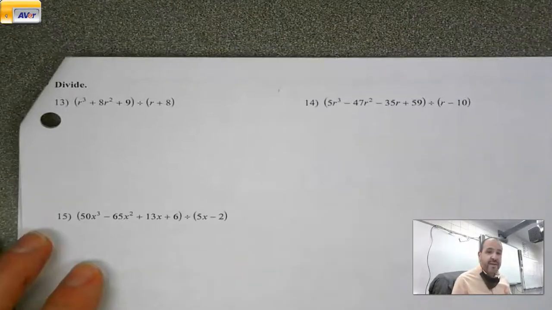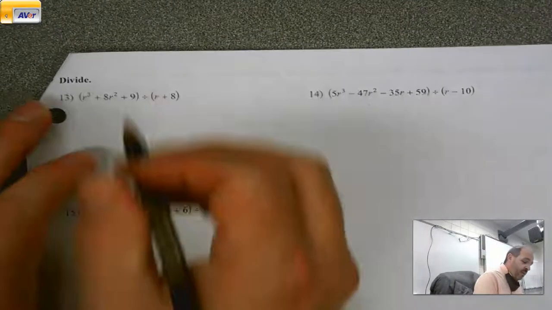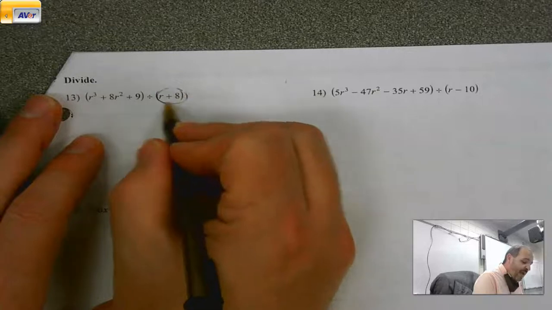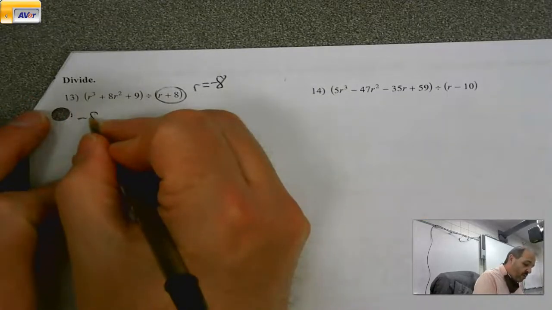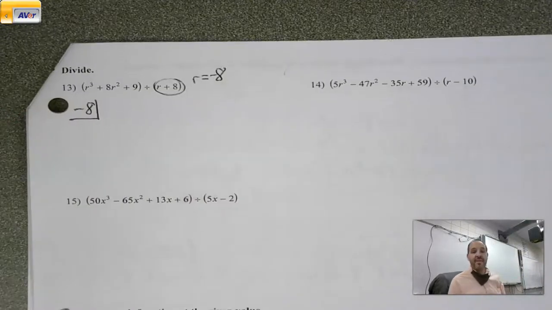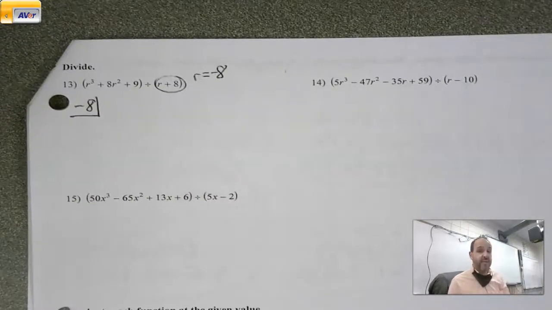Okay. Home stretch. Divide. Okay. You're dividing by a binomial. So reminder, if it's a binomial, if it's not just f of something, switch the sign.